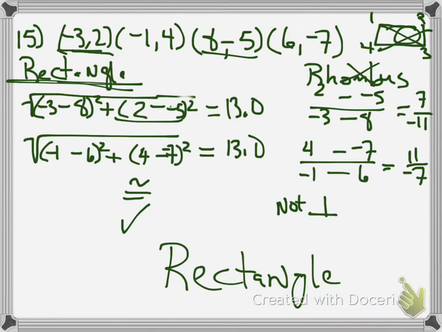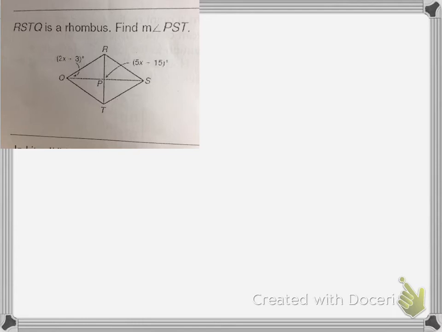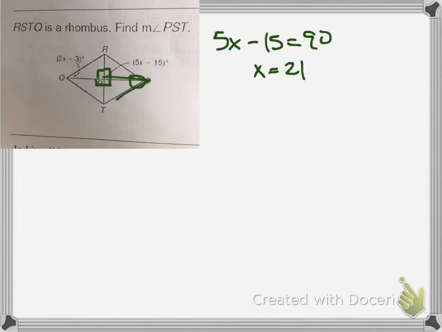All right, moving on. On this one, this is very interesting. Keep in mind, on a rhombus, the diagonals are 90 degrees. So here I could say 5x minus 15 is equal to 90. When you solve that, you're going to end up with x is equal to 21. That just tells you what x is equal to. But we want this angle here.